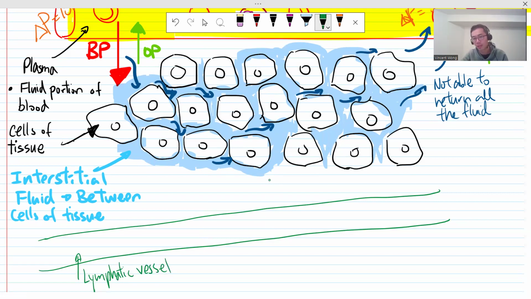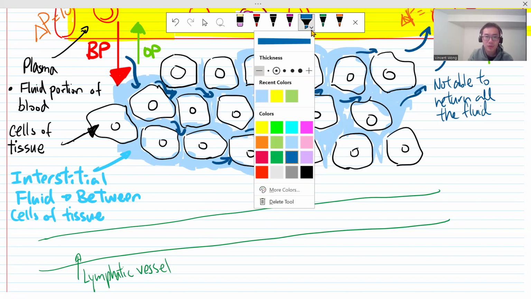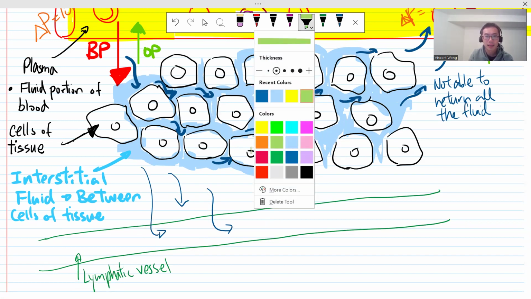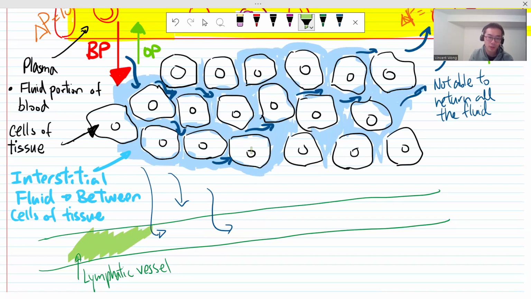They're always close to the capillaries, and this extra fluid is going to go into the lymphatic vessels. Obviously they don't actually change color; I'm just using different colors to show you. Once they go into the lymphatic vessel, they have a different name now. We call them lymph.